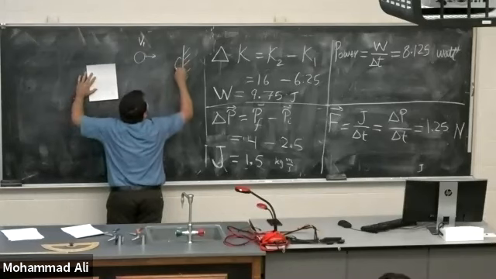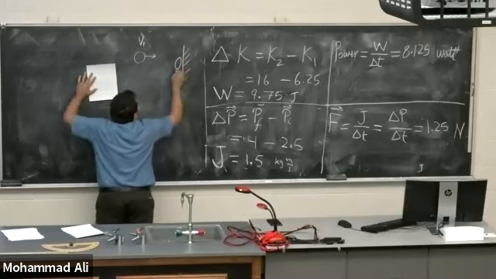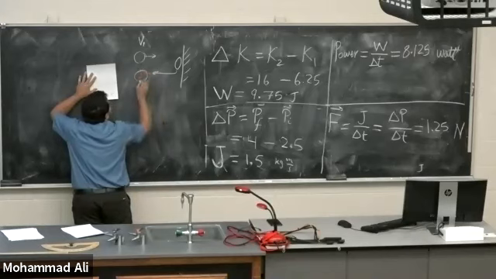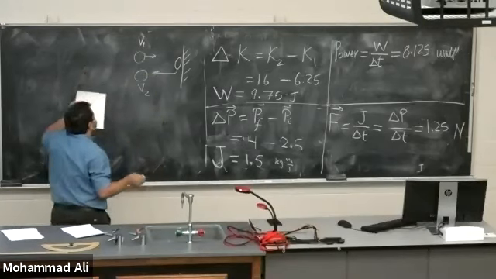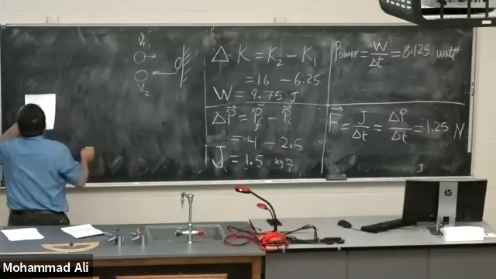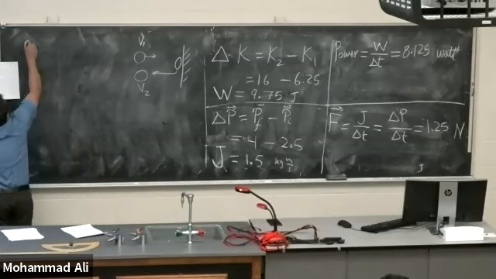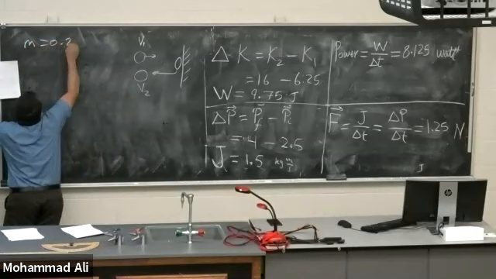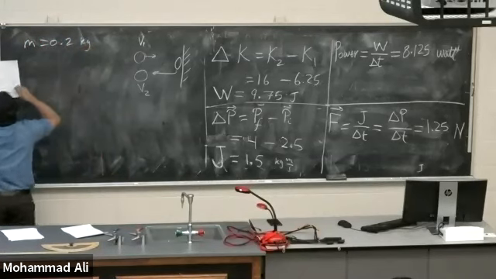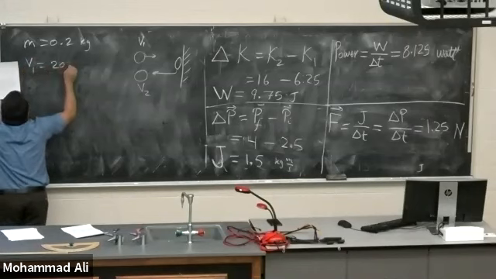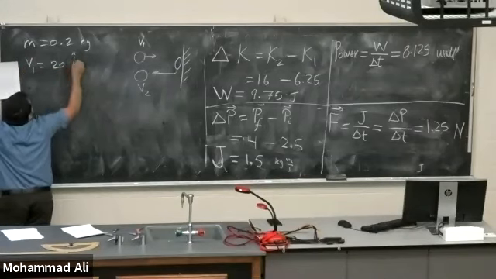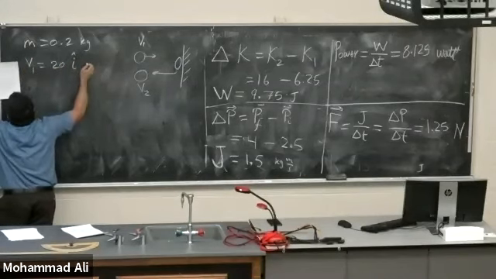Then it hits the wall and reflects with v2, the final velocity. The mass of this ball is equal to 0.2 kilograms. V1 is equal to 20 meters per second in the positive x direction.